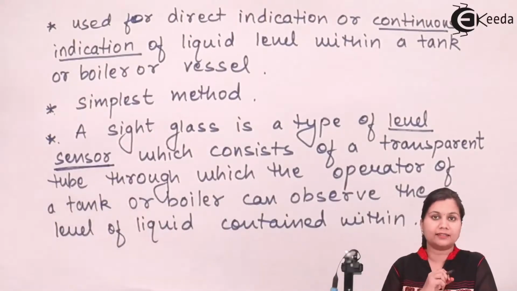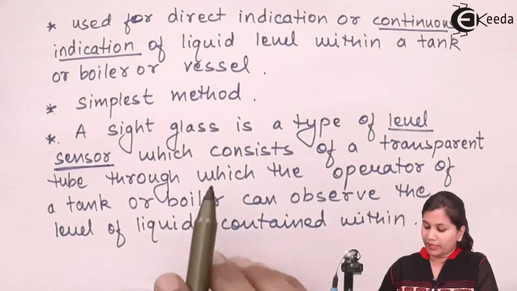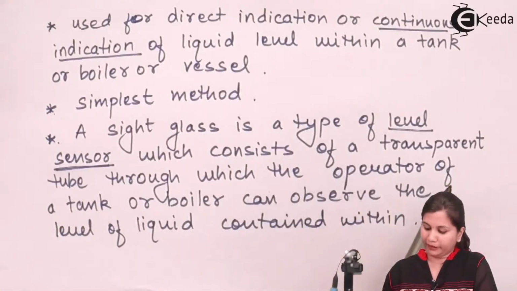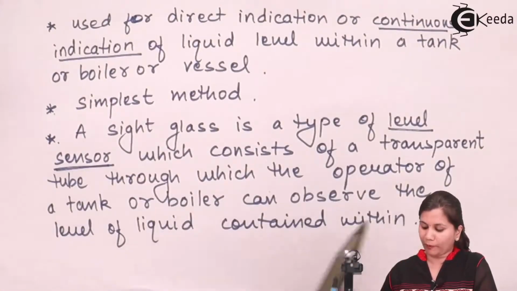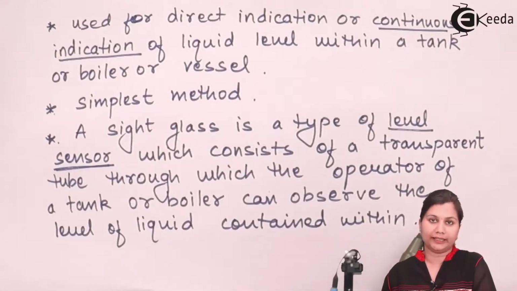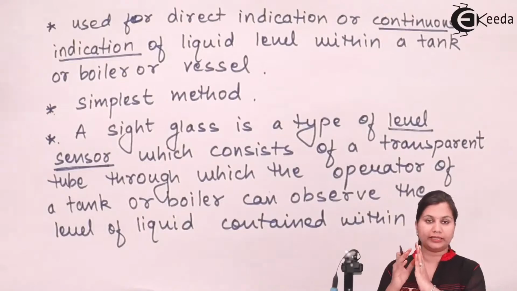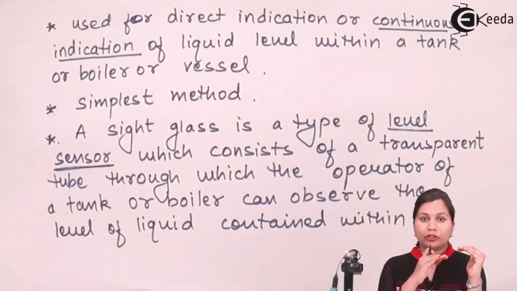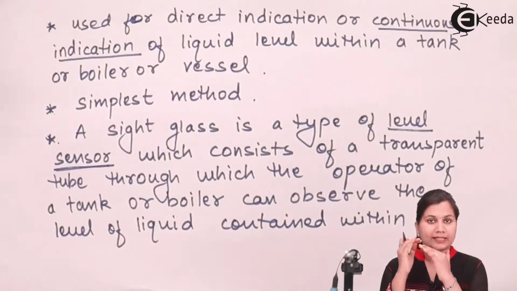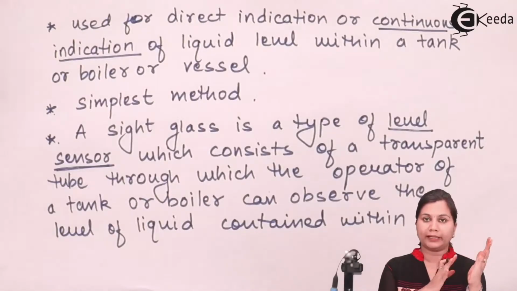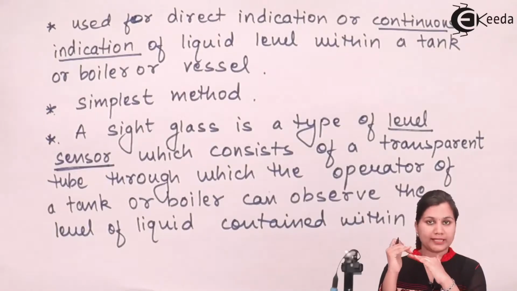How? It consists of a transparent tube through which the operator of a tank or boiler can observe the level of liquid contained within. This transparent tube is attached outside the tank or the boiler. The level of the liquid in the tank is the same as that in the sight glass tube. So in the tube and in the tank, the level of the liquid is the same.